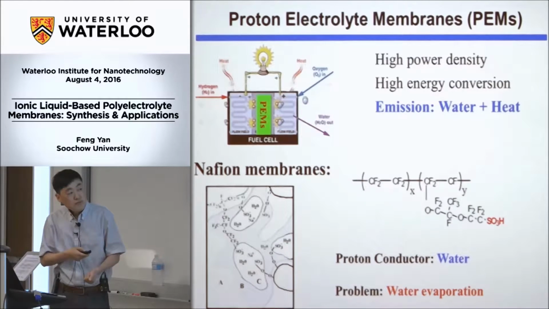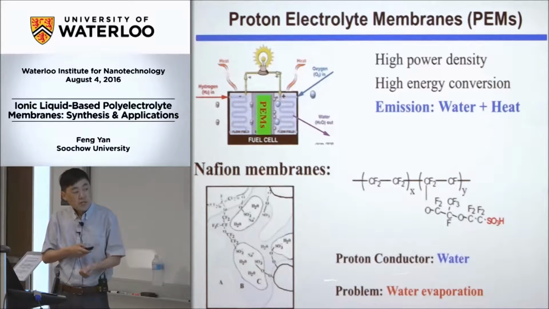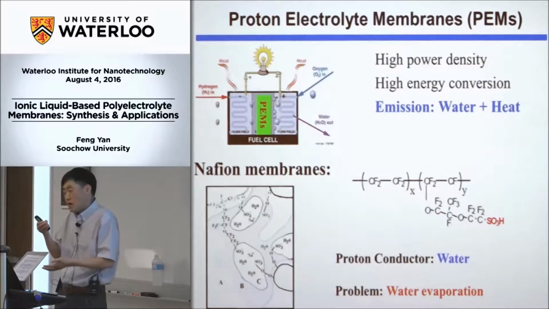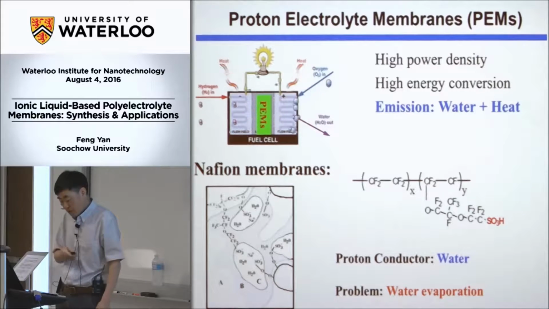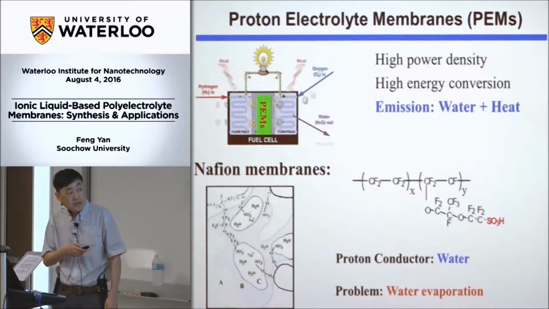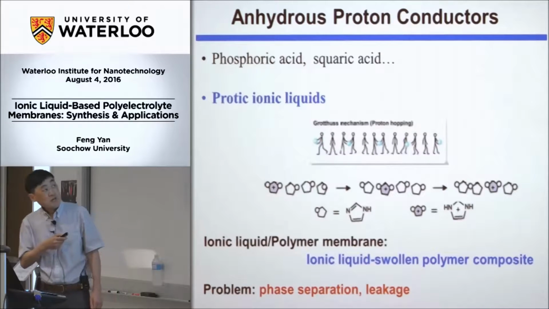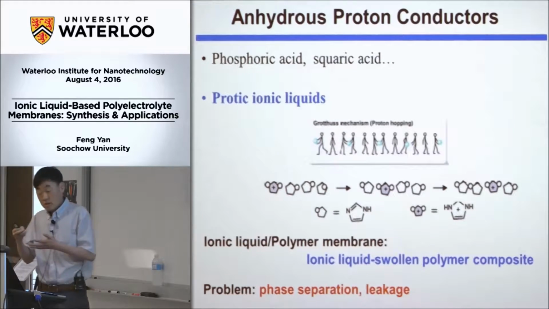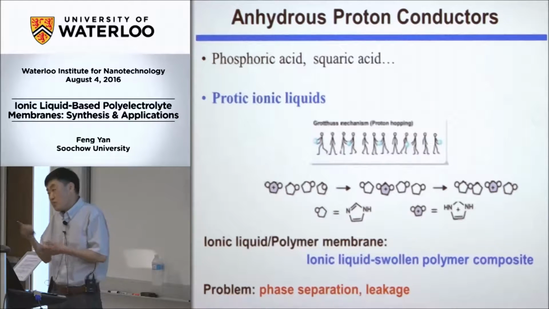Therefore, from the viewpoint of real application, it's necessary to replace the water with a high-temperature proton conductor. Some acids like phosphoric acid or squaric acid have been used to replace the water.